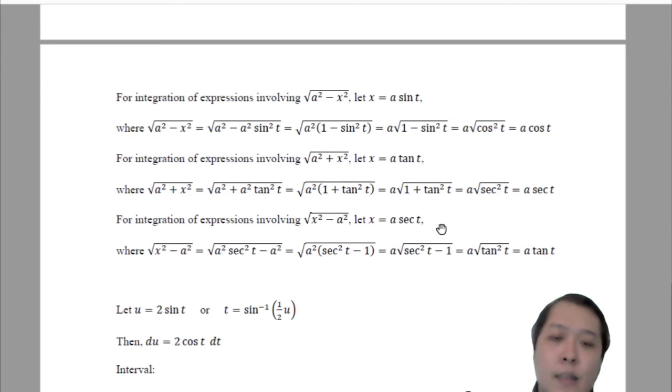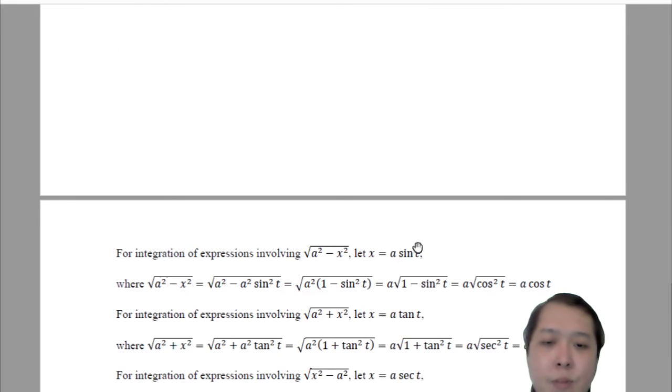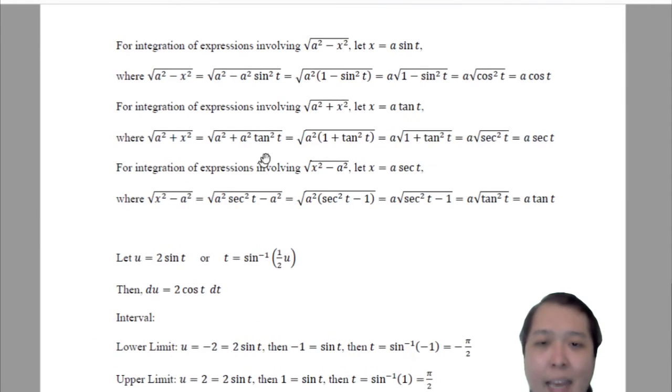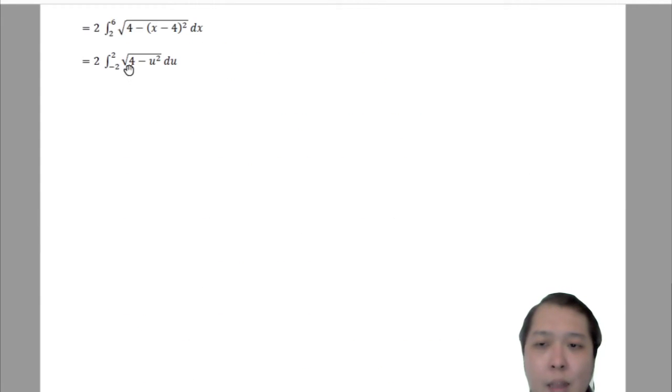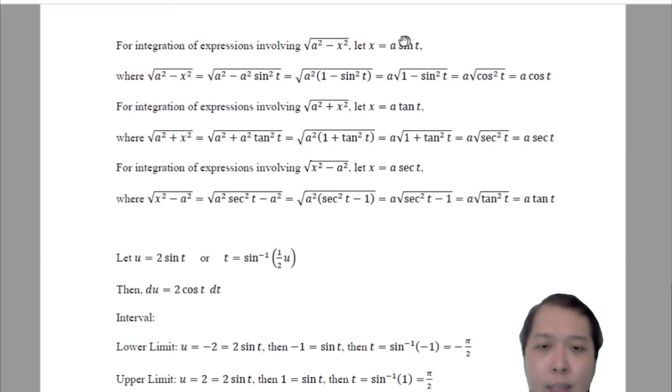For this case, it's like a squared minus x squared, right? So we will use this substitution: x is equal to a sine t, and the a here should be 2 because 4 is 2 squared. So we are using this, but a is 2 in this case.